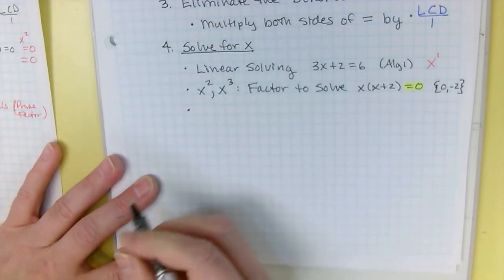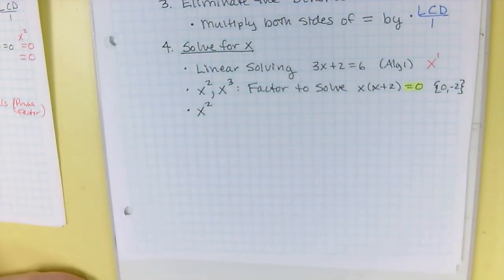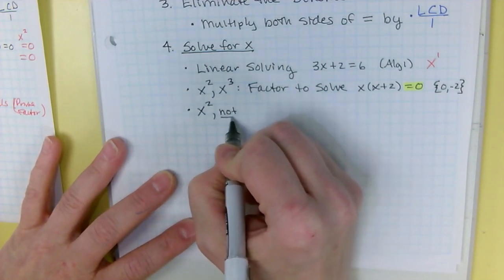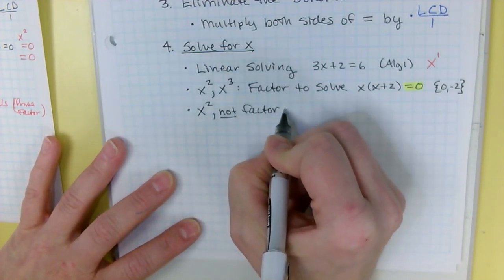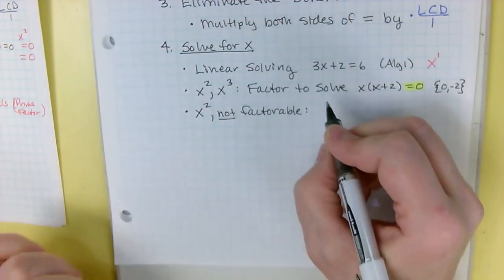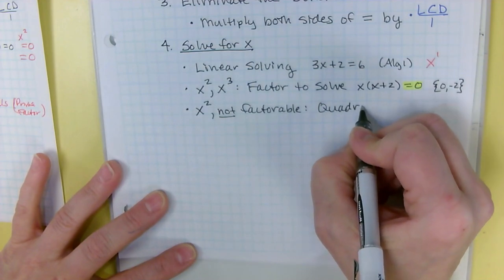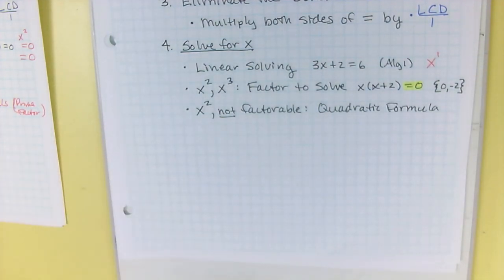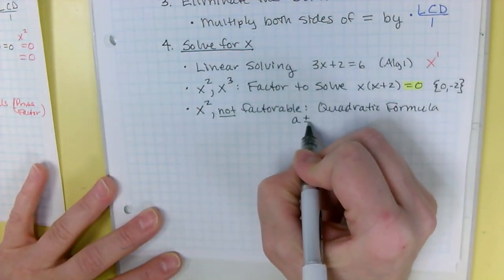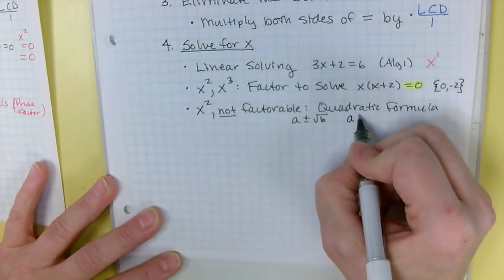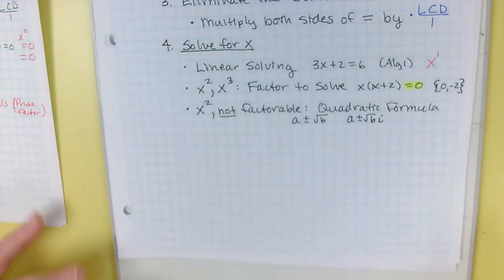Sometimes it's going to have an x squared in it, and it's not factorable. You tried to factor it, it won't factor. In that case, you're going to need to use the quadratic formula. Since it was not factorable, your answers are going to be like A plus or minus radical B. They might have an imaginary unit on it.